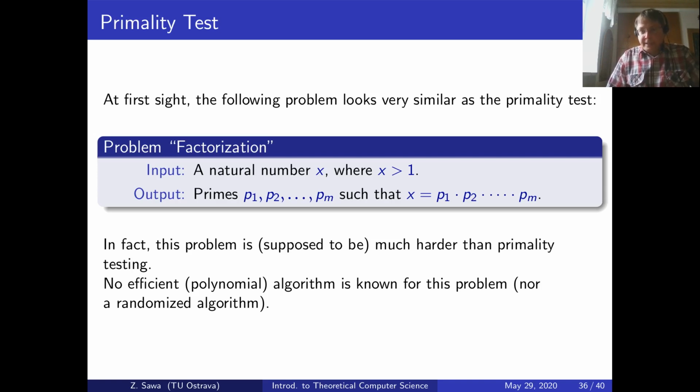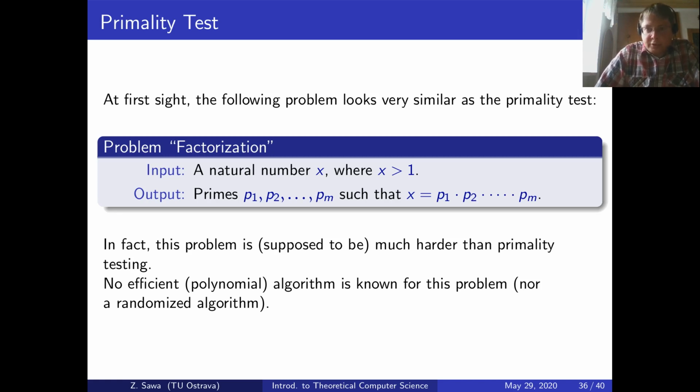we could test if the given number is a prime, so then we are finished. This prime is the only prime, there is nothing to do. But if we find out that the number is not a prime, it would be sufficient for non-prime numbers to find some non-trivial divisor, which means some number which is greater than 1 and smaller than x, and divide the given number by this, because even for big numbers division could be done efficiently in polynomial time with respect to the number of bits.